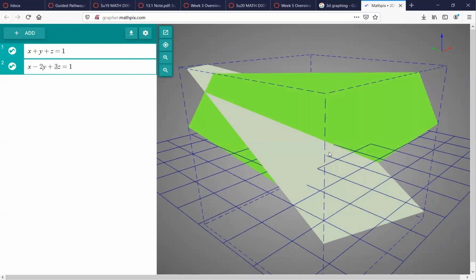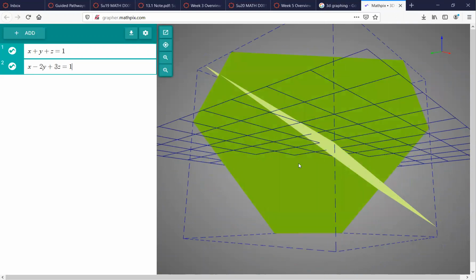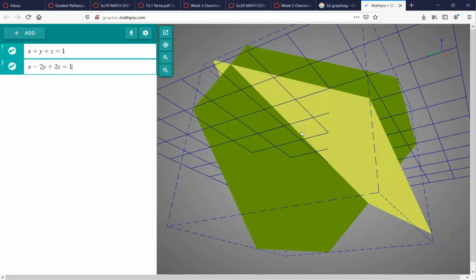So here you have two planes, and as you can see, the intersection between these two planes is a line. Our goal is to find the equation of this line in part B.